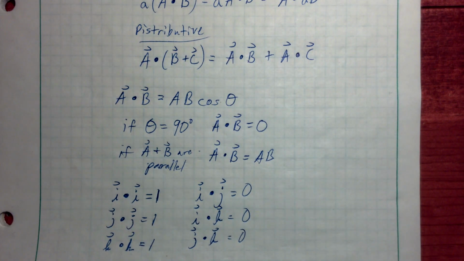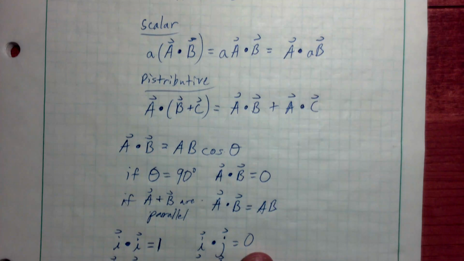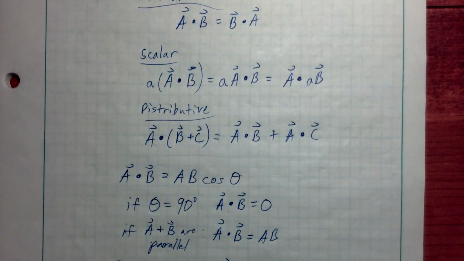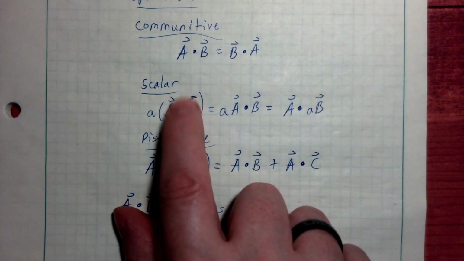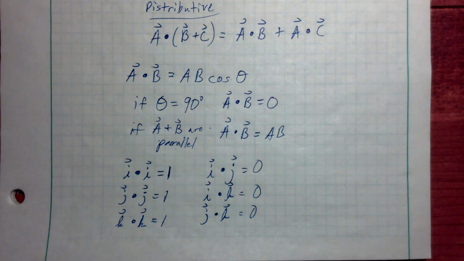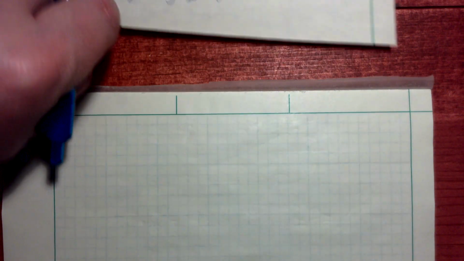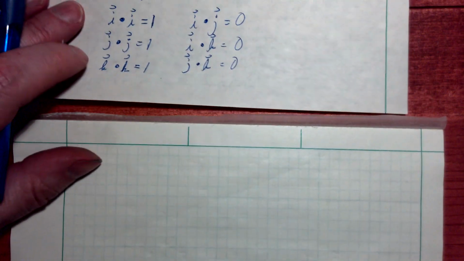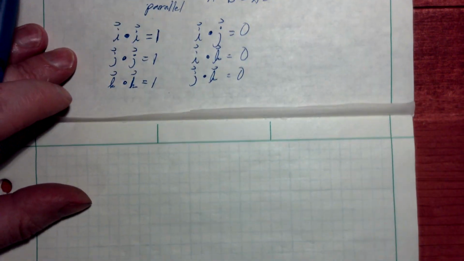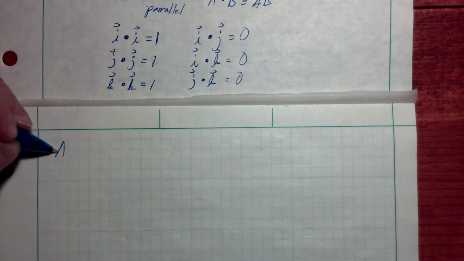So, what does this mean? Well, if I take all of these together and combine them, the fact that I can do a scalar operation, distributive, and this concept that a unit vector dotted with itself gives me 1, and a unit vector i, j or k dotted with any other unit vector gives me 0. Notice what happens if we expand this out.